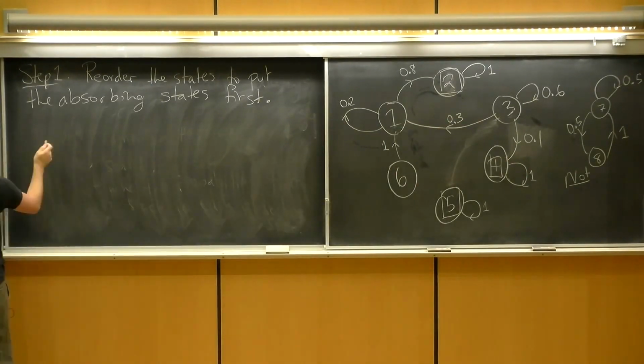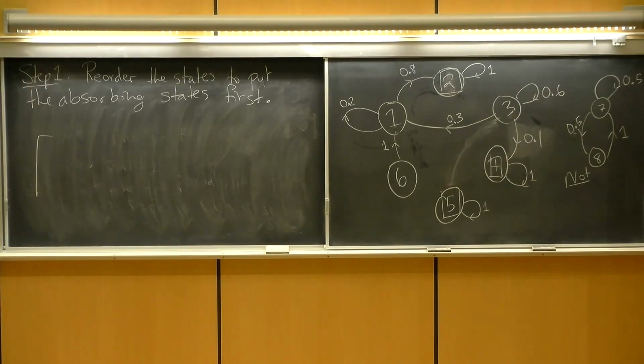So which are my absorbing states here? There's more than one of them. Yeah, exactly. You can see 2 is going to go back to 2, 3 goes back to 3. So those are your absorbing states. Let's put those first. If you just try to mess with this matrix directly, there are a lot of ways to go wrong.